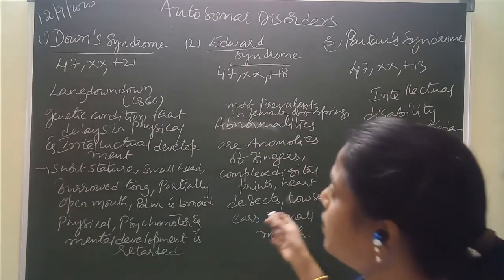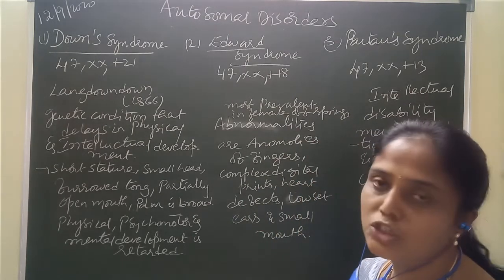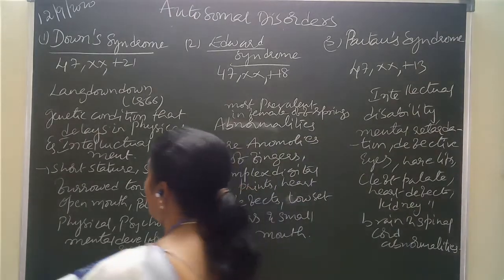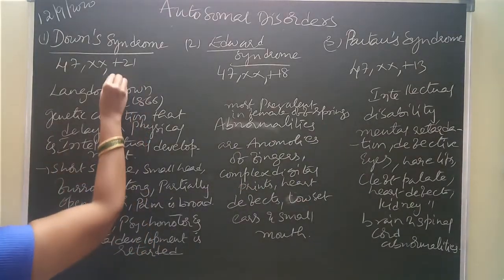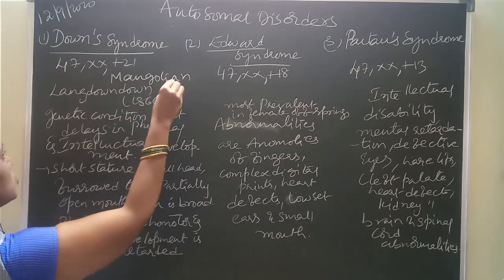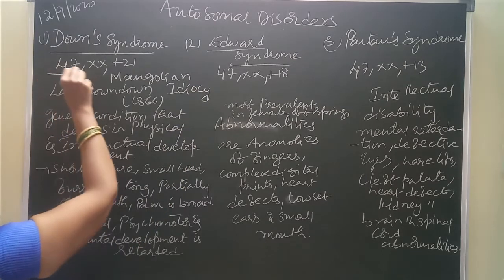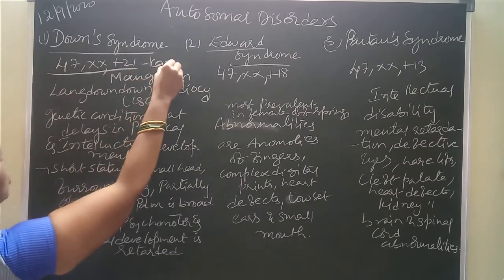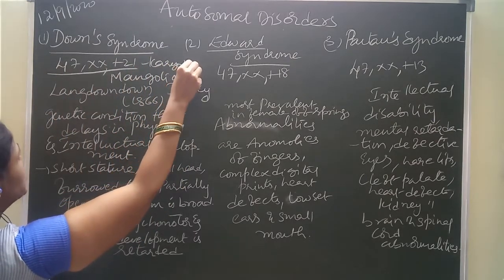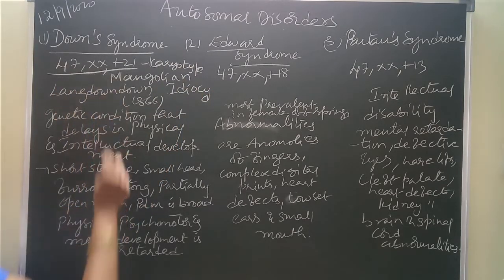Among them the first one is Down's syndrome. It is also called Mongolian idiocy. The karyotype of Down syndrome is 47XX plus 21.